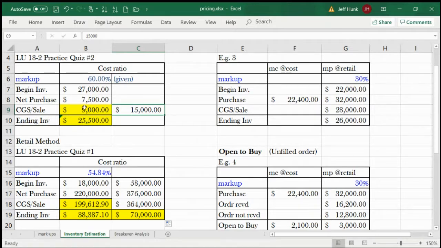But how come there's ending inventory before CGS? I mean, it doesn't follow chronological order, right? At least, whether it is right or wrong, if you have critical thinking, you should have questioned why that order is flipped, right?